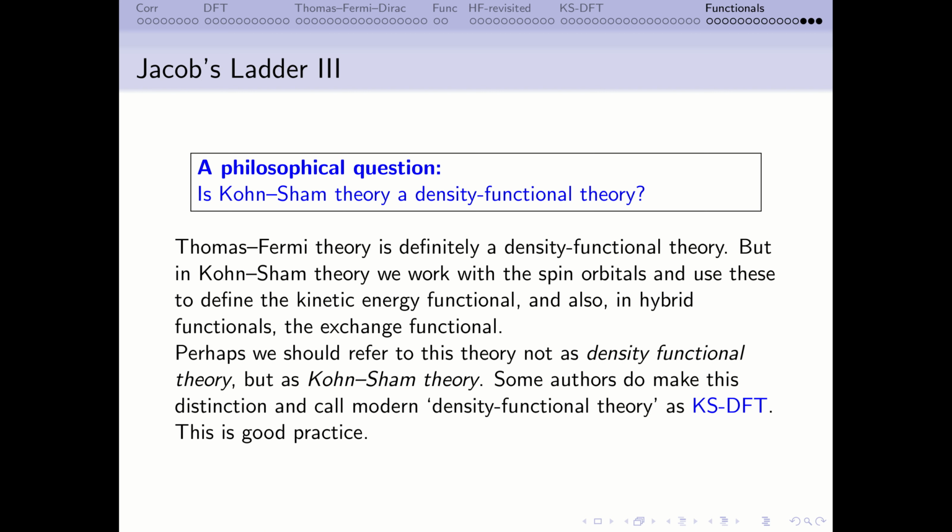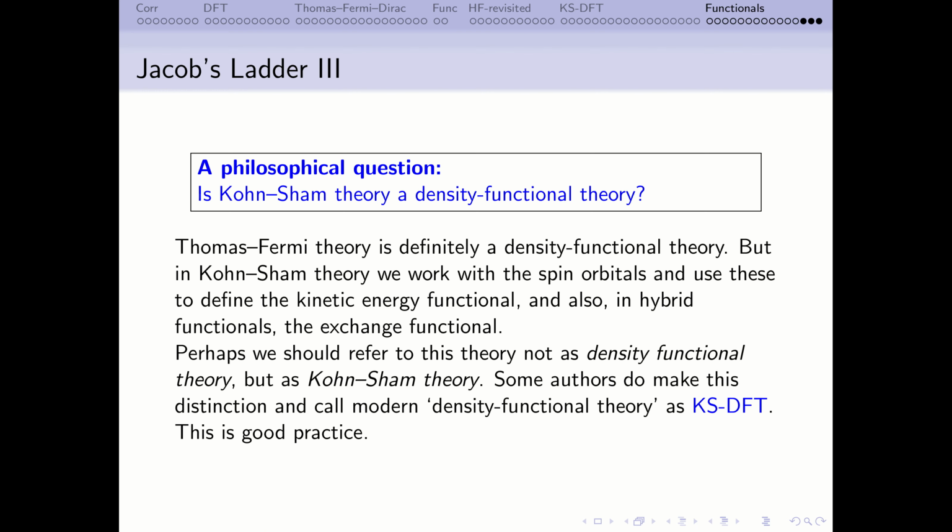And perhaps you should correctly call it just Kohn-Sham density functional theory, or KS-DFT, just to differentiate it from the theory we might have one day, which might be a proper density functional theory. But I would say at the moment we are firmly in the realm of orbital density functional theories.